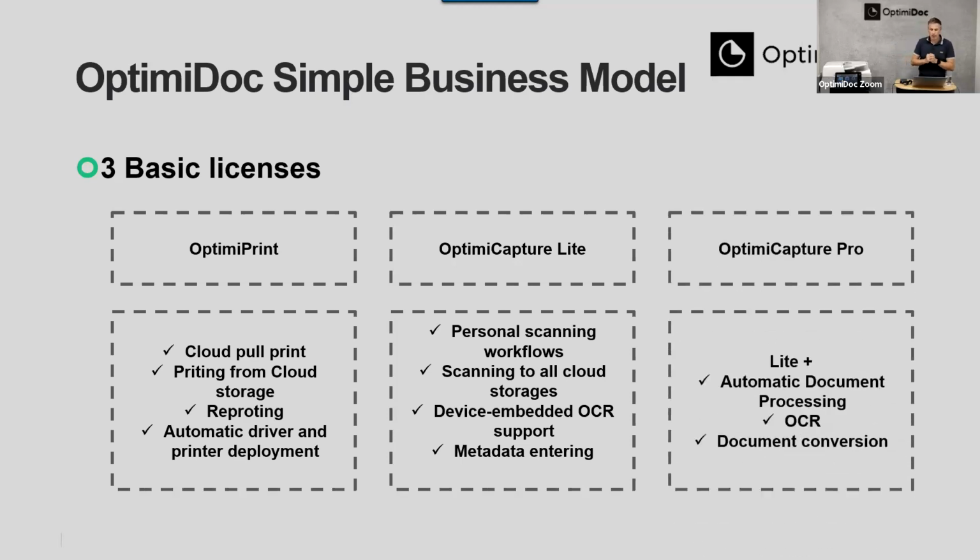The next and last license is the OptimiCapture Pro. OptimiCapture Pro provides the same functionality as the Lite, but additionally provides advanced processing. So the automatic document processing, including automatic document recognition, barcode recognition or zonal OCR. We are providing OCR to searchable PDF, Word, Excel, PowerPoint.